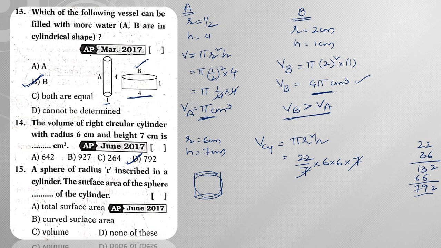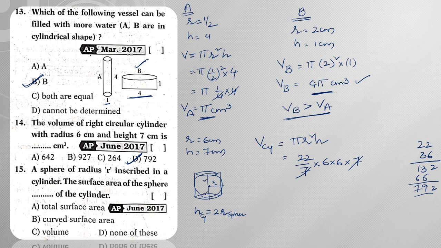When a sphere is kept inside a cylinder, the height of the cylinder will be equal to 2 times the radius of the sphere. So from this I can say that this is r and this is also r.